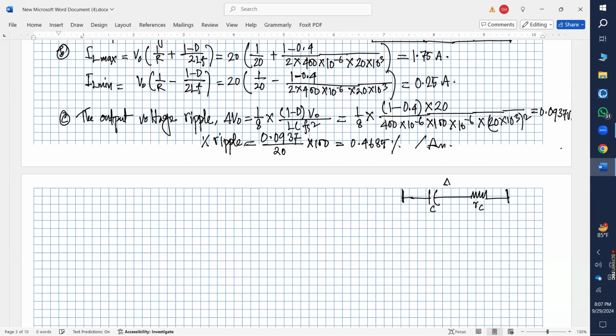So if you want to see the total voltage change del V, due to the current change del IC, your total change del V will be approximately equal to del IC multiplied by RC.